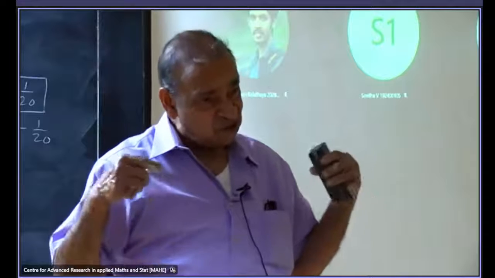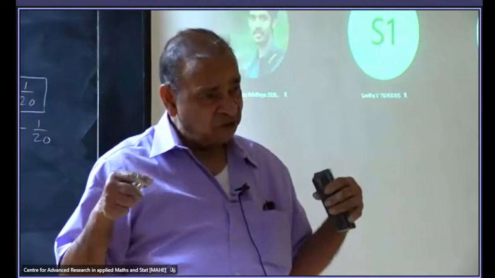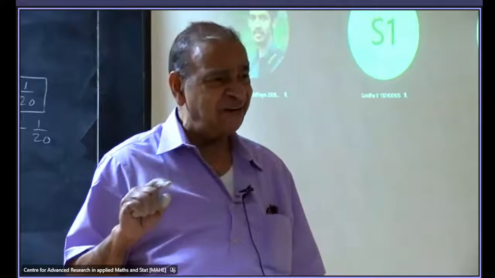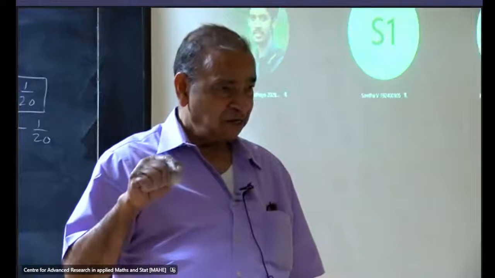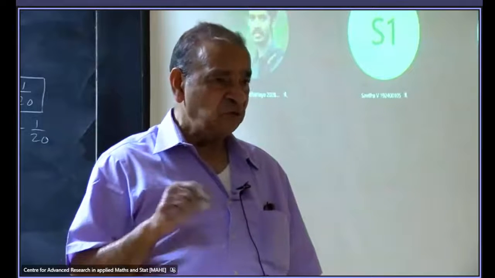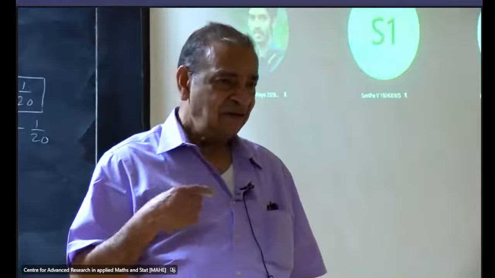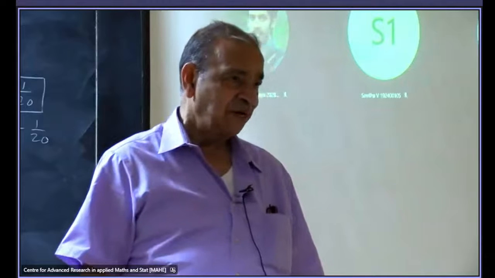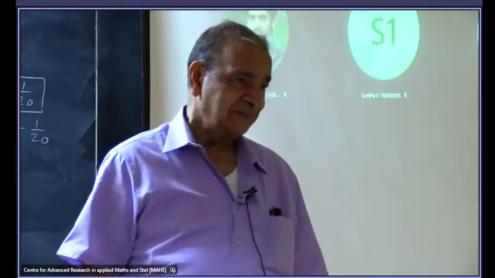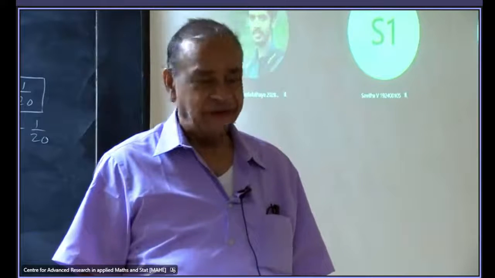Even though he also knew this, he didn't know how to solve it. French people are never interested in the computational side. Invariably, they are very happy to prove the general theorem and be done with that. They don't want to see God. They want to see that God exists. That's enough for them.